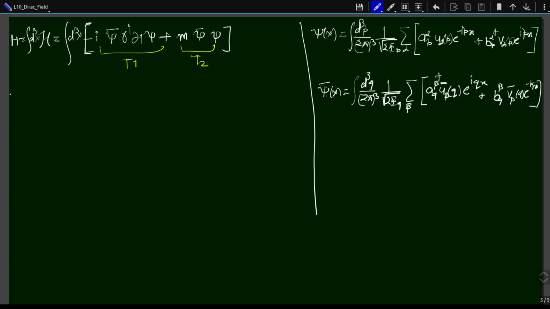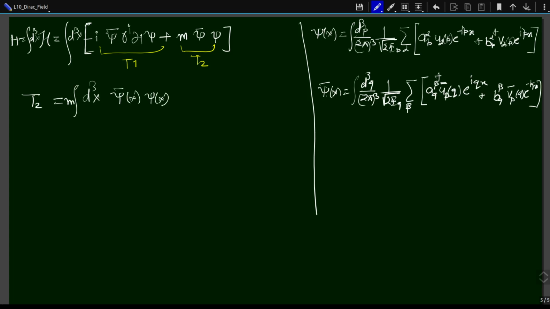So let's look at my T2, which is, with m sitting outside, the integral d3x of psi bar psi.